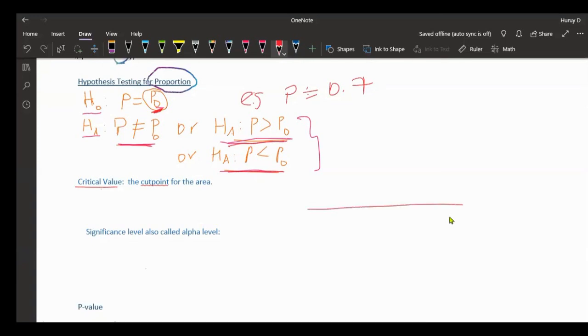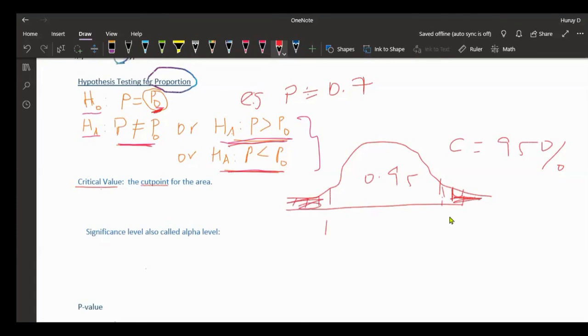For example, if I consider the normal distribution or the Z table distribution, and let's say I give you a confidence level equal to 95%, then the middle part is 0.95, and the leftover, the sum of these two sides, is 0.05.